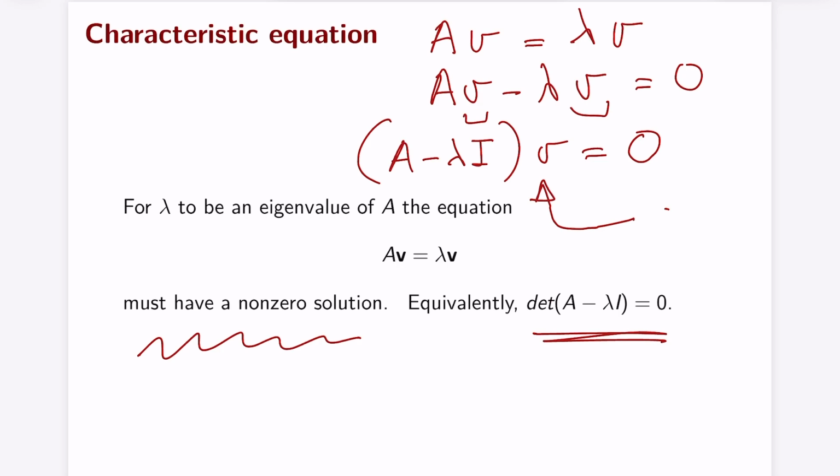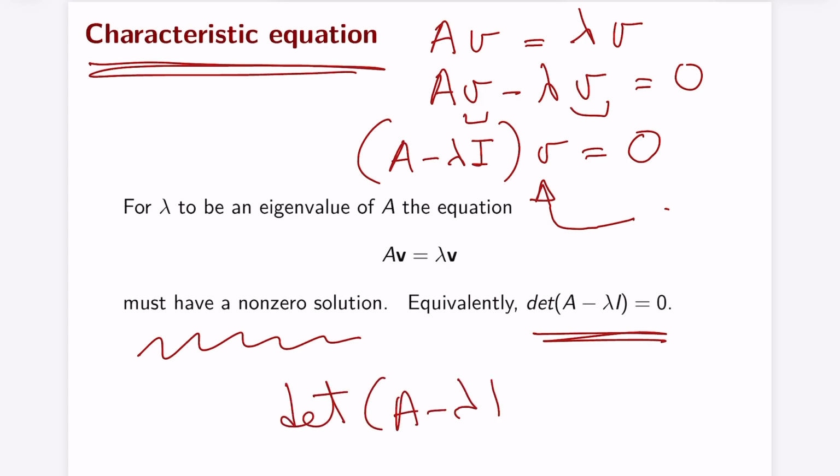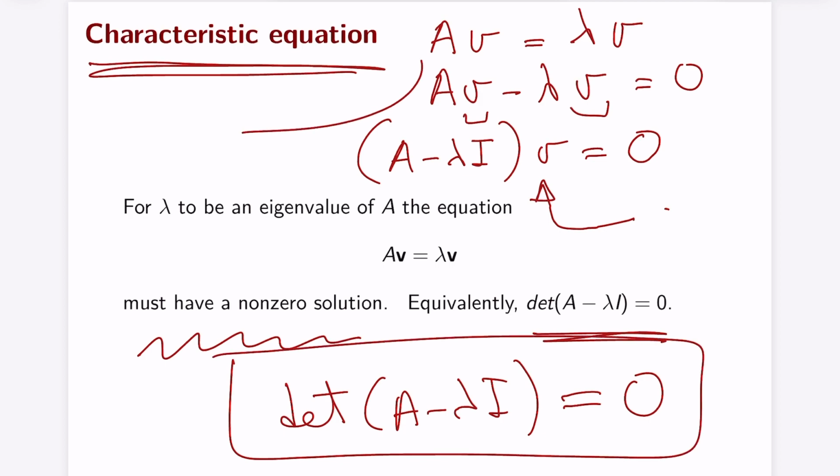Okay, this equation is very important and has a particular name: it is called the characteristic equation. So this equation, the determinant of this matrix equals 0, is what is called the characteristic equation. And the solutions, I mean the values of lambda that make this equation true, are the eigenvalues.